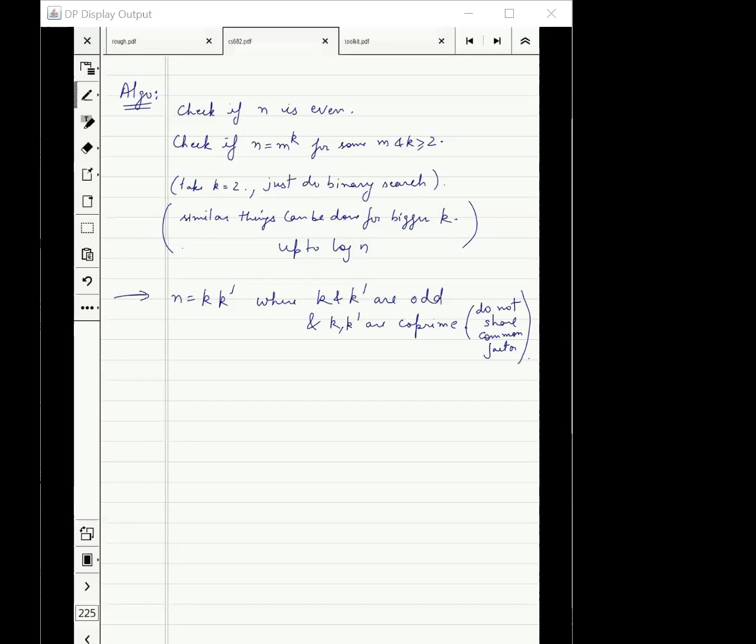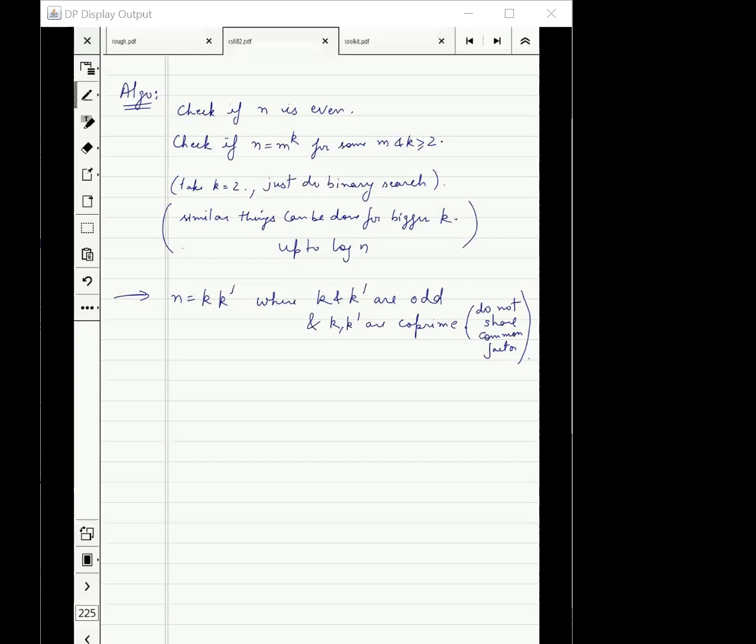Okay, so this is our target. n is equal to k times k prime. Find a non-trivial factor of n. Generally, when this problem is given, I can slightly generalize it.